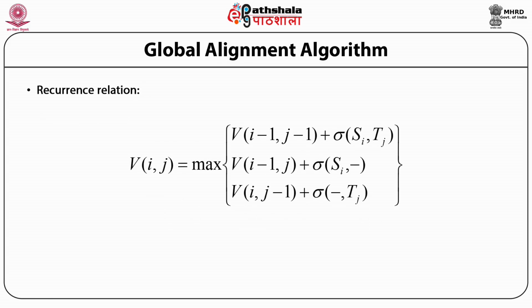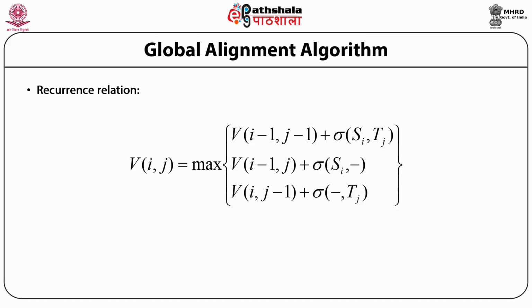And once the base conditions are defined, one goes along the two sequences comparing the positions in all possible ways, and these are defined by a certain set of recurrence relations. As you move along, you can move along both sequence i and j in sequence S and sequence T. In that case, the first of the three equations given will be used.